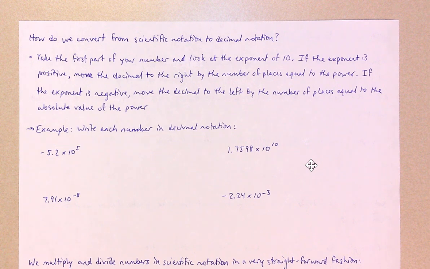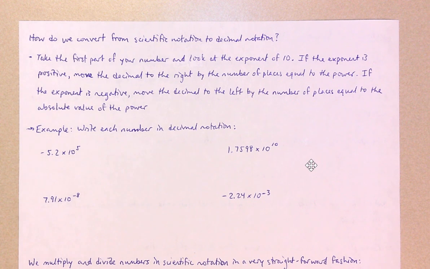So if your power was, say, negative 6, you would move it to the left 6 places. So we'll do some samples here where we convert numbers to decimal notation.